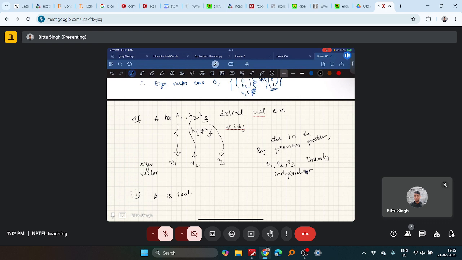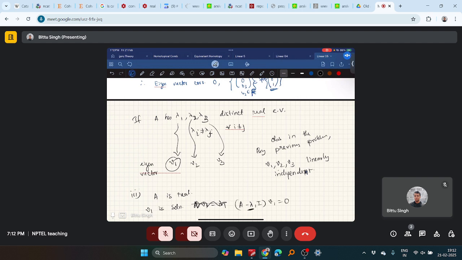Therefore, if v1 is an eigenvector, then it satisfies A v1 equals lambda 1 v1, that is, v1 is a solution of the equation A minus lambda 1 I times v1 equals 0.